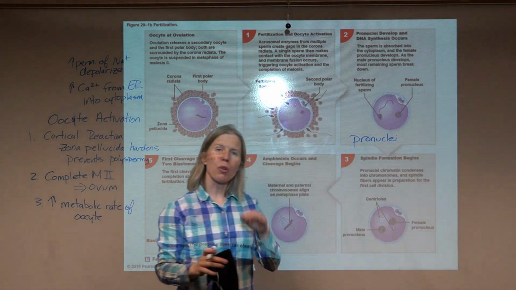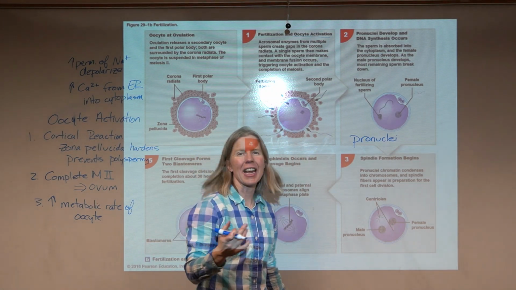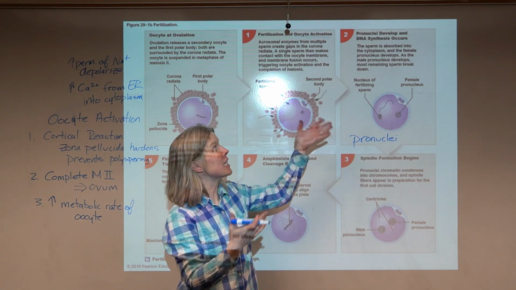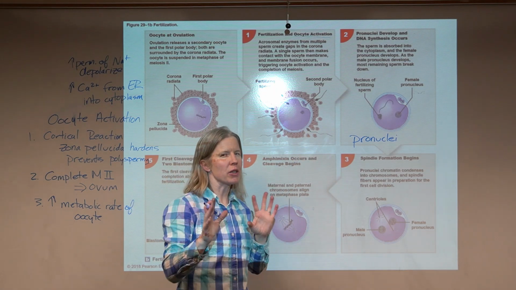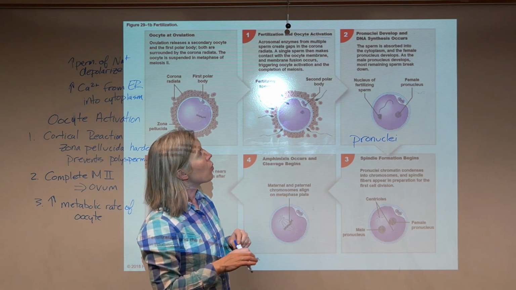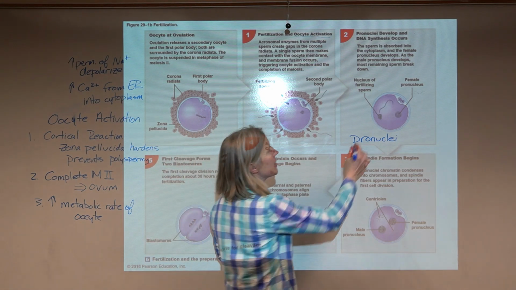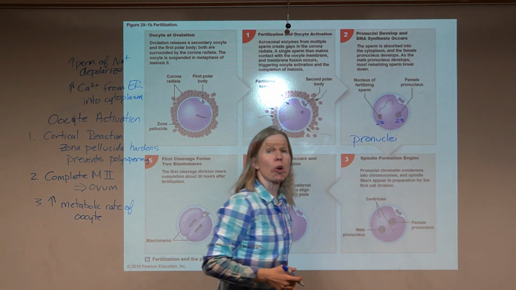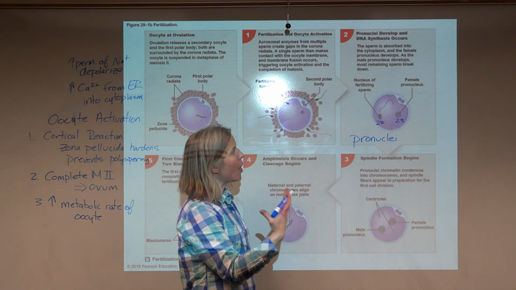Right? So the pronucleus, I think they're just kind of indicating it's a precursor to the true nucleus. Maybe it doesn't have that nuclear envelope, right? So maybe it's not quite a true nucleus. But what we're going to need here, again, 23 chromosomes here, 23 chromosomes here. Think about this.